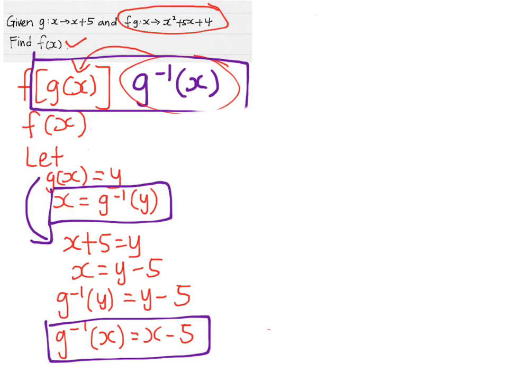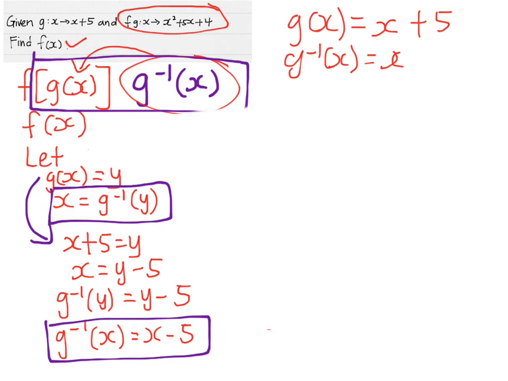Okay, so now I just write whatever I have over here. So now we got g(x). g(x) will equal to x plus 5. Okay, we got x plus 5, and g inverse x, we will get x minus 5.